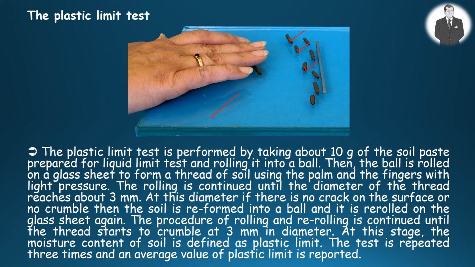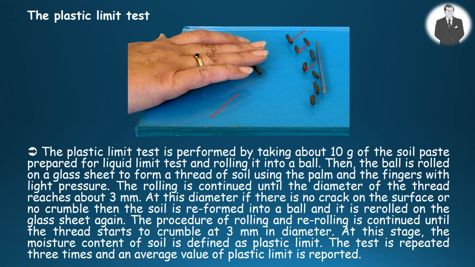Now at this stage, if there is no crack on the surface or no crumbling, then the soil is reformed into a ball and it is re-rolled on the glass sheet again. The procedure of rolling and re-rolling is continued until the thread begins to crumble at 3 millimeters in diameter.